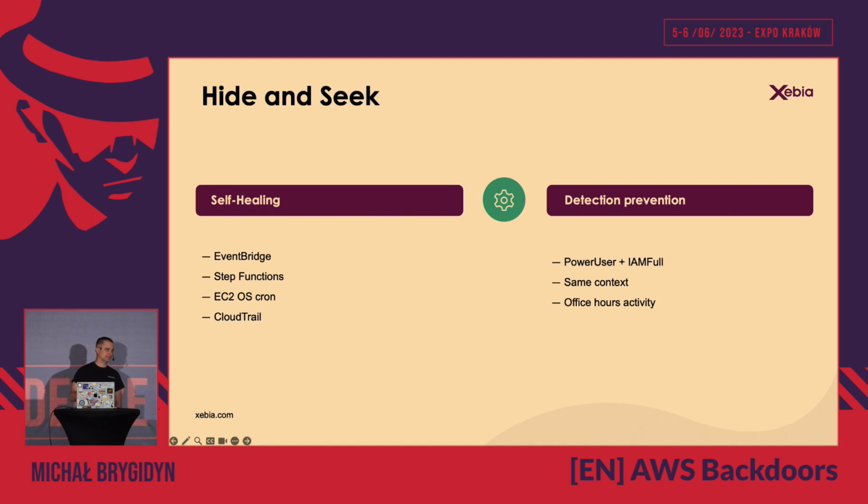Then same context. I had a few times that I accessed EC2, extracted credentials from session credentials, and used them on my Mac. And then when I reported this to the company that they have a problem, they told me that they already know because GuardDuty found an event of using credentials in a different context.